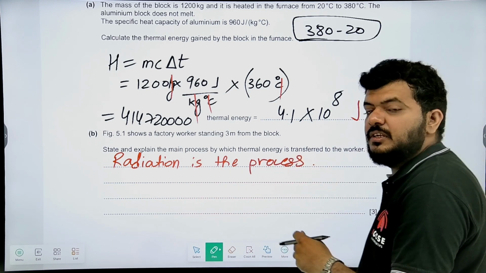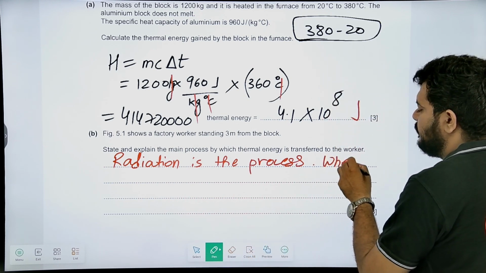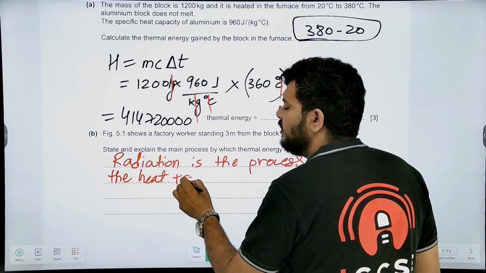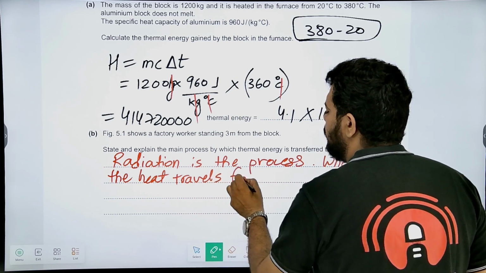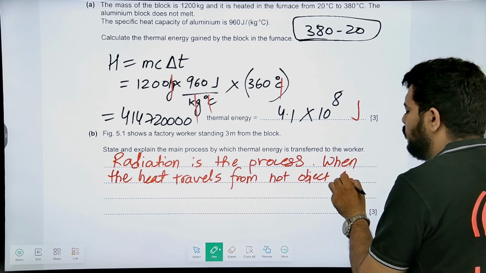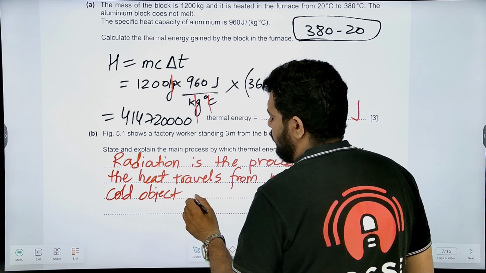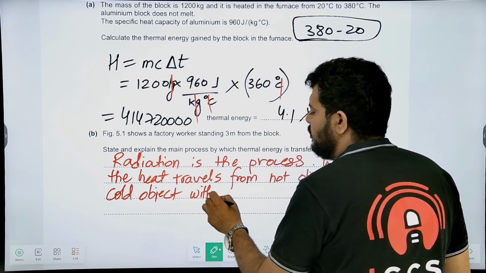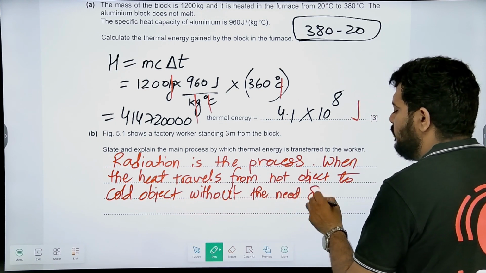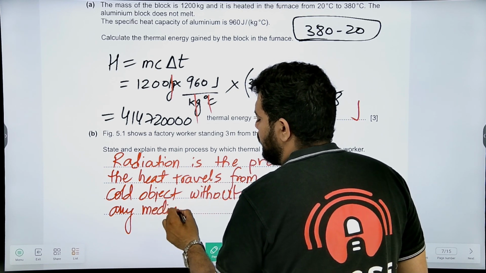What do you have to explain? The radiation, right? So radiation is when the heat travels, or thermal energy travels, from hot object to cold object without the need of any medium, right?